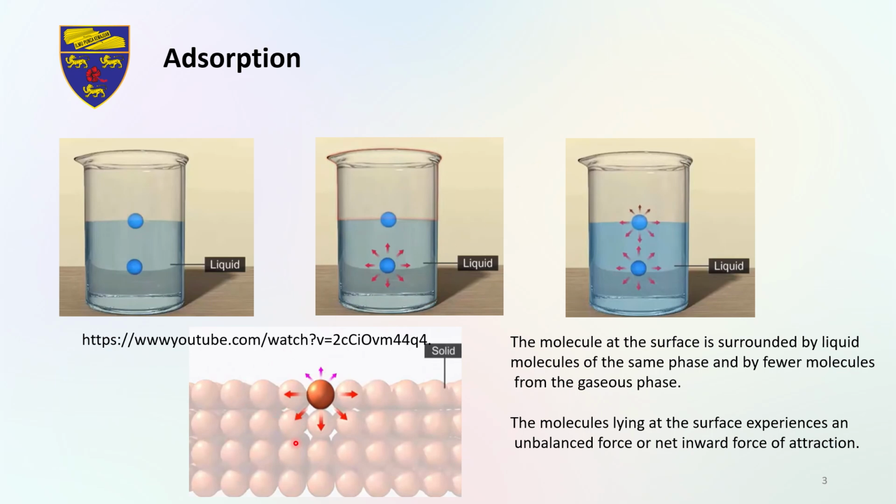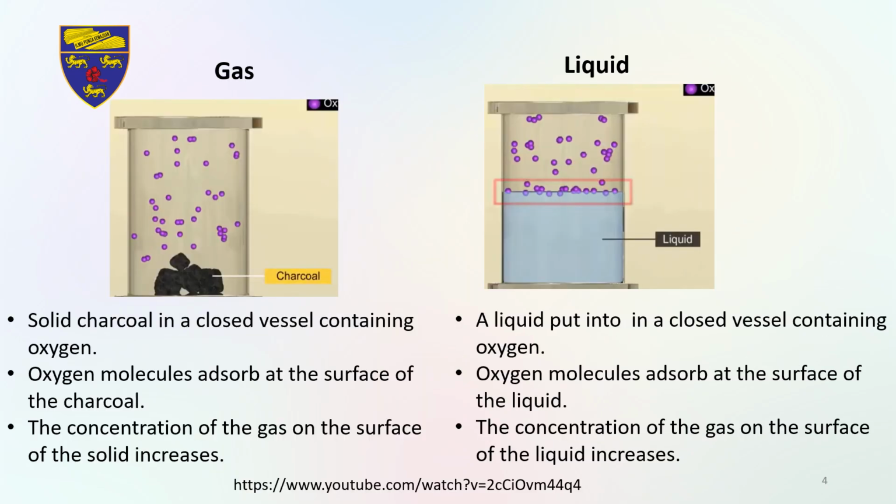This creates unbalanced forces compared to those molecules which exist in the bulk medium. These unbalanced forces create a net inward force of attraction that pulls the surface molecules inward. Due to this net inward force of attraction, molecules are pulled onto the surface of the substrate.